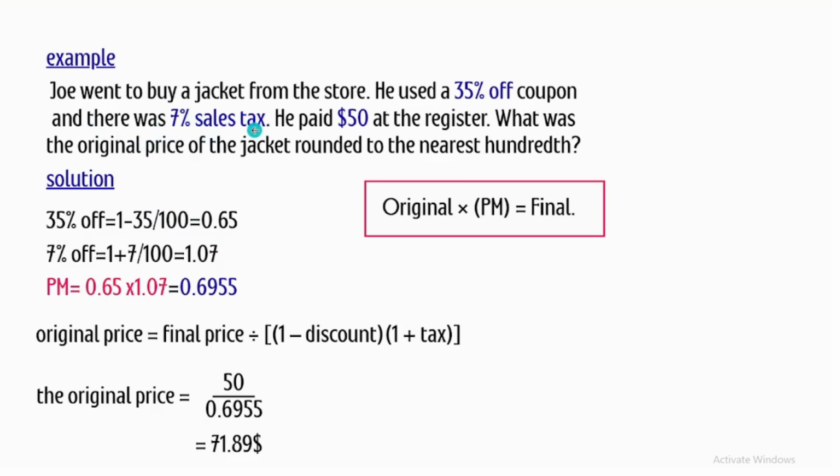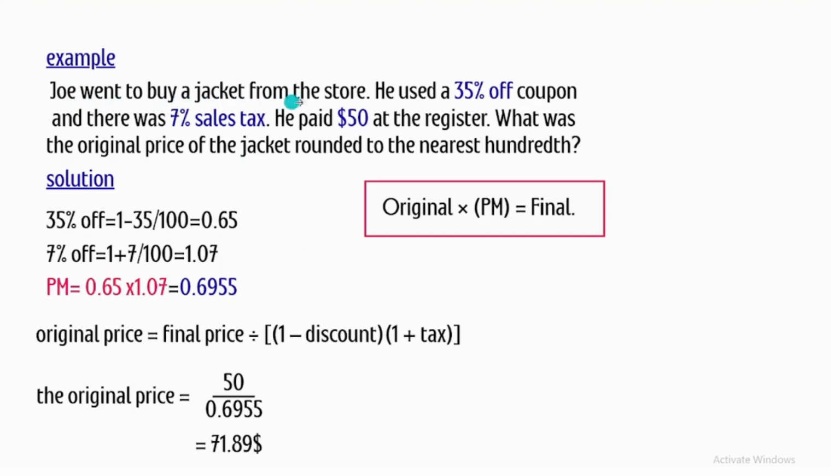Tax will be addition, so 1 plus 7 over 100 equals 1.07. So you have to take care of the PM. If I have more than one PM, I will multiply them together to find the new PM I will use in the problem.